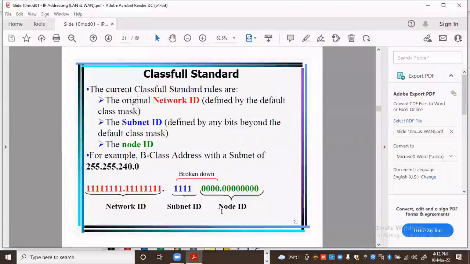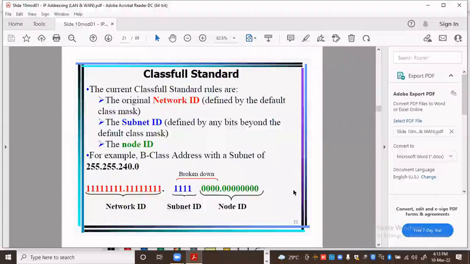In some scenarios, I'll give you the subnet mask. From there, if you know which class it belongs to, you can easily tell what would be your subnet mask after you break it down into its binaries. And then from there, you can spot where the node bits are going to be, or the number of node bits that are going to be reserved.